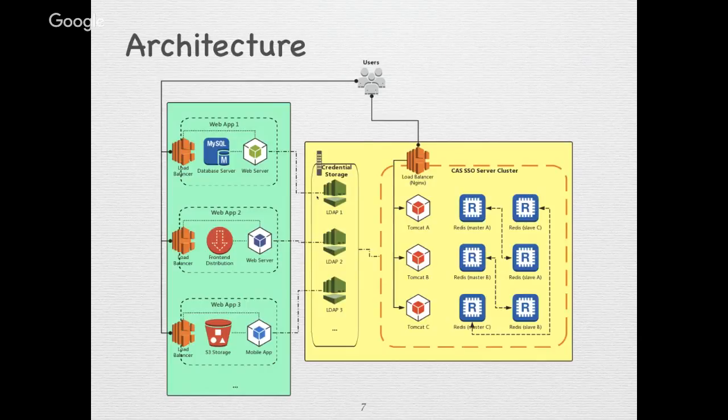We will elaborate more on the master and slave model later. They will validate the username and password against different LDAP servers. LDAP stands for Lightweight Directory Access Protocol. In the end, they will return the result to one of the 3 web applications with SSO enabled to tell you whether you can log in or not.